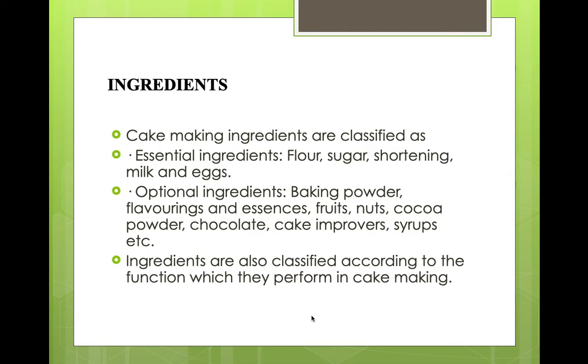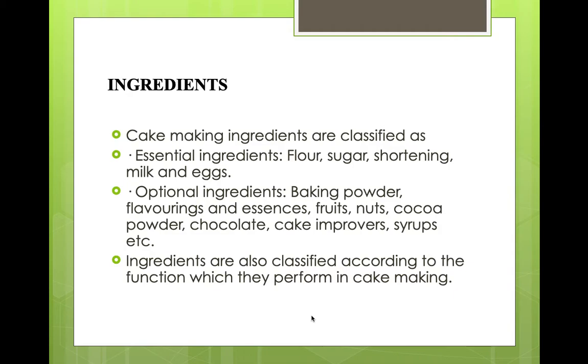They are utilized in the cake for giving flavors and help to improve the flavorings. The basic ingredients, flour, sugar, shortening, milk, and eggs, give the texture, the structure of the cake, and the rising of the cake.